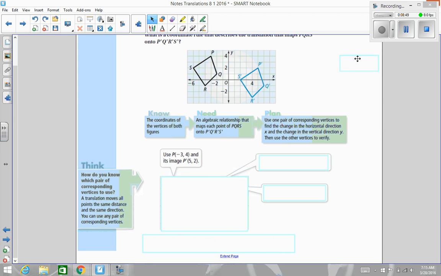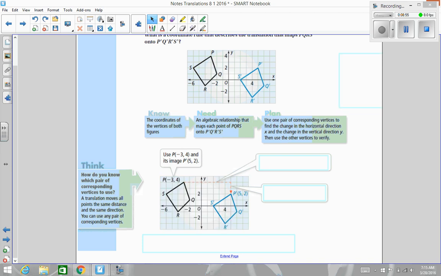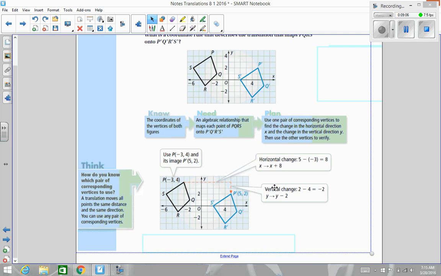Our image for P prime is (5, -2). Our pre-image was (-3, 4). So if we look at that, we have a horizontal component where we added 8 to each one, and a vertical component where we subtracted 2 from each one. Since we have that, we can write our rule.